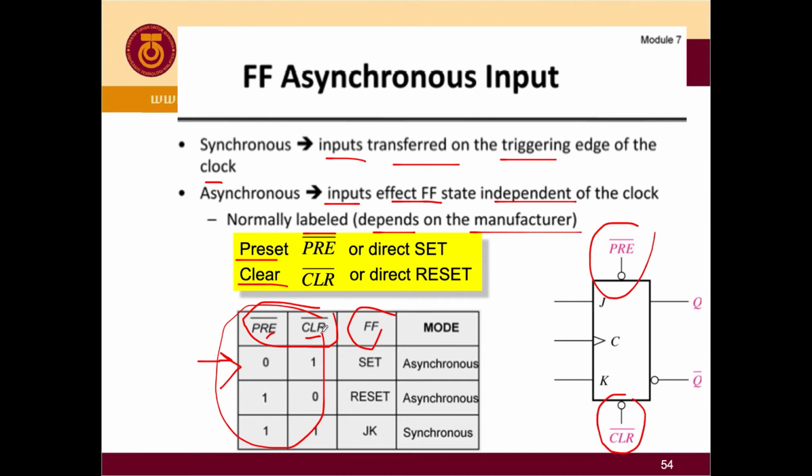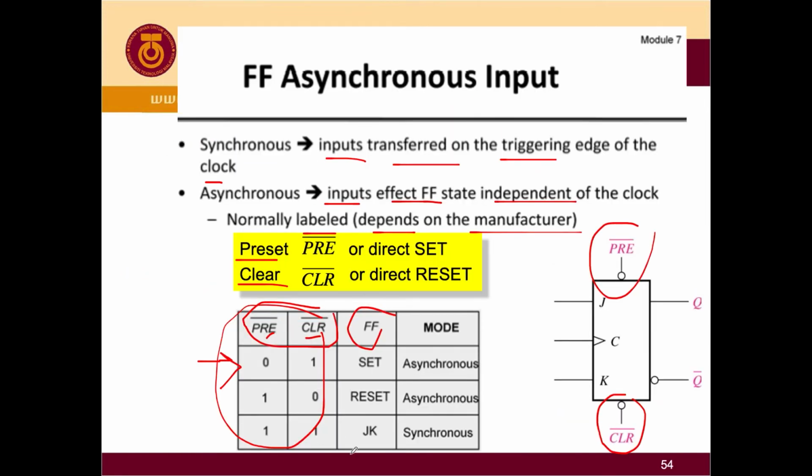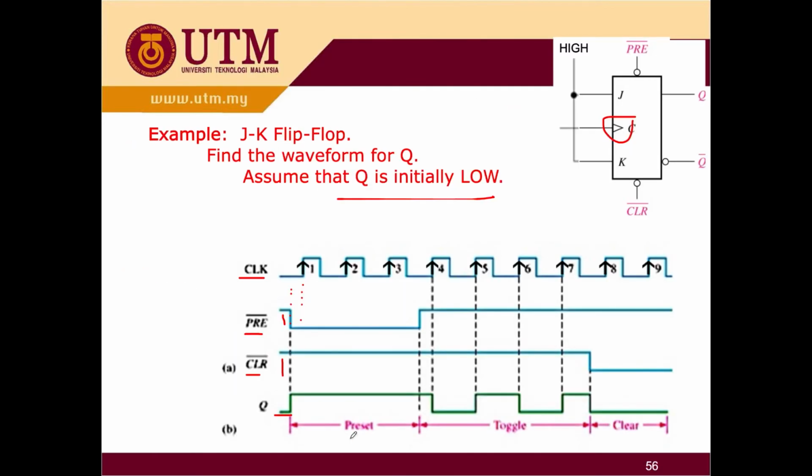First of all, you have preset 1 and your clear is 1. If you have 1 1, you can see that it is synchronized for your JK flip-flop.